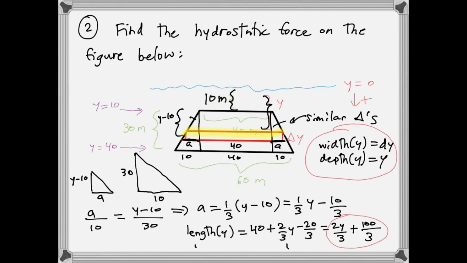Okay, so I'm going to work on number 3 now. This will be our last example, and I'm going to illustrate what to do when you have a circular shape, okay? All right. So number 3.